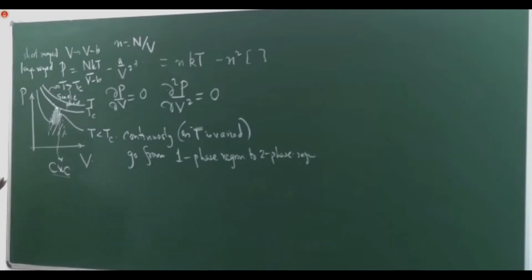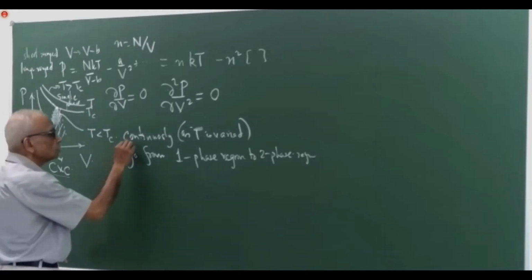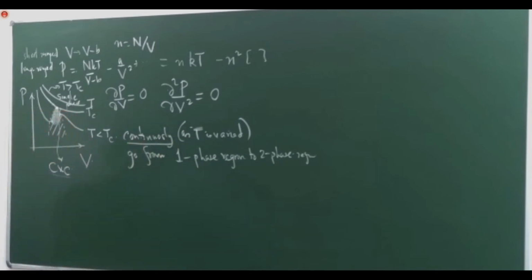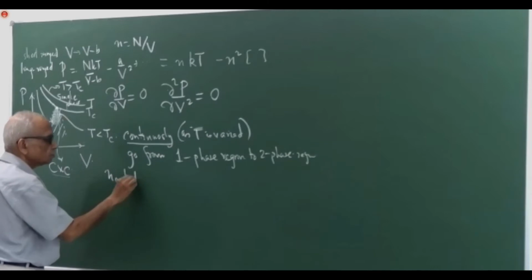And then down here, there is a coexisting phase of liquid and gas, with liquid on this side, gas on this side. And that is happening without any latent heat being given to the system, or the system giving out or absorbing any latent heat. It's a continuous transition. So the operative word is continuously, so no latent heat is involved in this process.